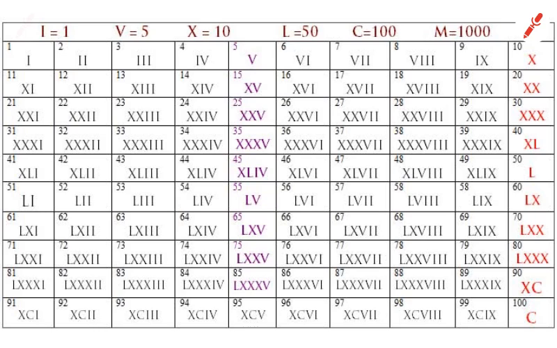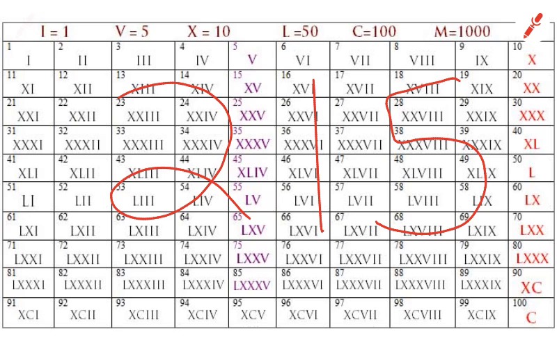So 200, and then it's an X following. So 210, and then a V, which right here we see is 5. So 210 plus 5 more, 215.